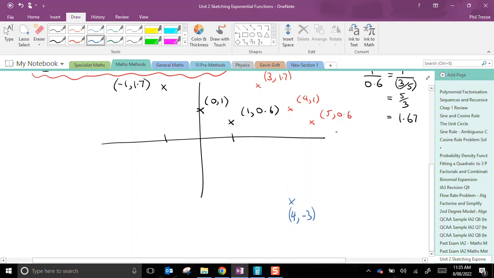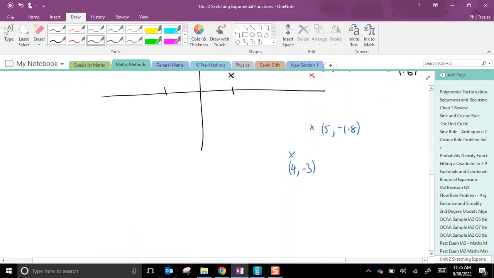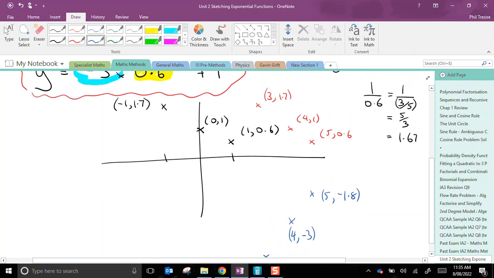Then I'll multiply 0.6, so I'm at 5. And minus 3 times that is minus 1.8. And then I'm at 3, and 1.7 times 3, that's 5.1, isn't it? So I'm all the way down here somewhere at negative 5.1. So I have multiplied by negative 3.